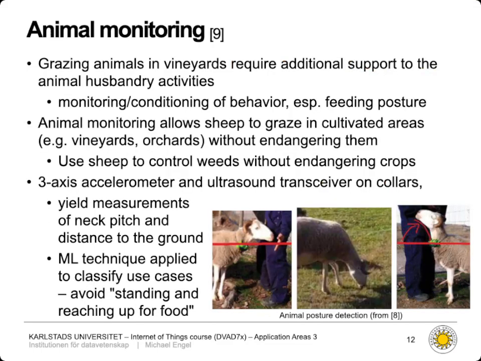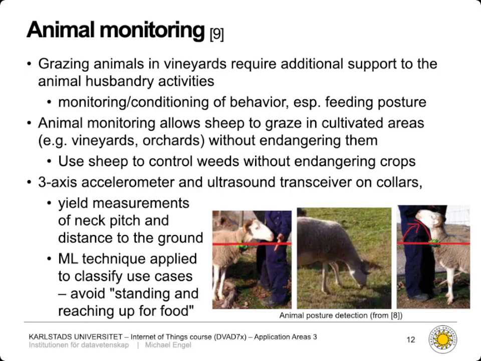Right. Another interesting application I found is this one here, animal monitoring. So animals are not only useful for, like in the example of sheep here, getting wool and milk and maybe meat from the animals, but animals are also very helpful to control especially plants you don't want to have. So weeds.